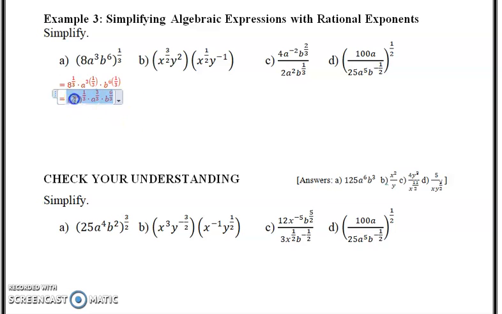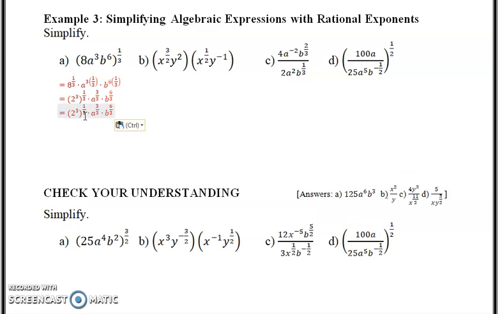Again, as you get comfortable with these, you'll be able to not skip the step, but just see what happens. So 2 cubed to the 1/3 becomes 2 to the 3 over 3.